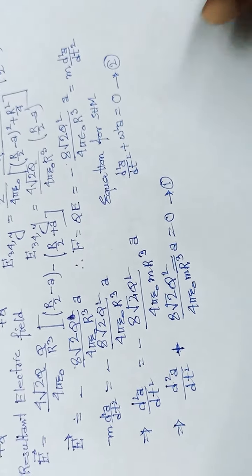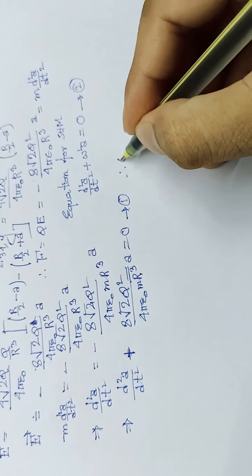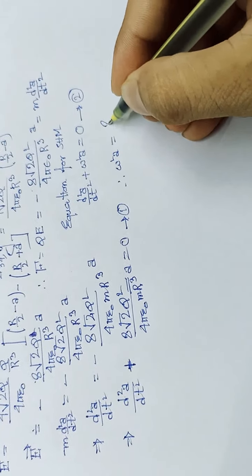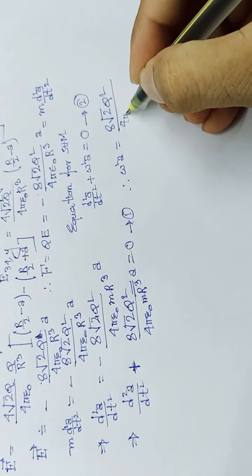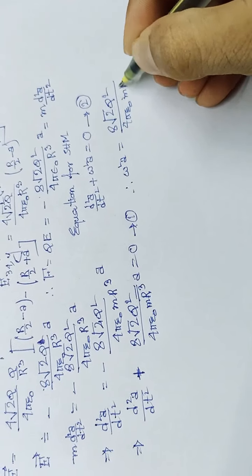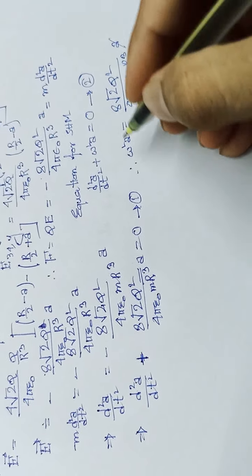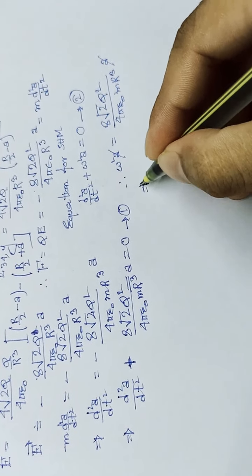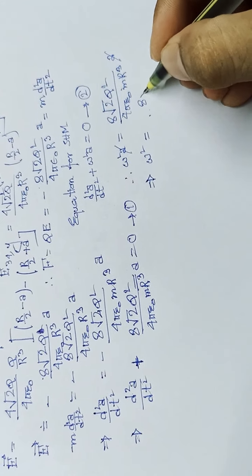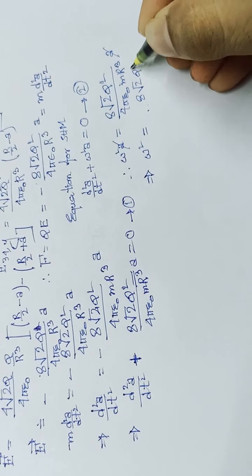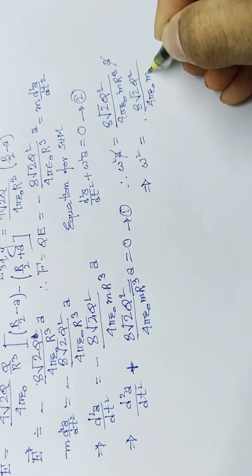If we compare these two equations, we will get omega square A equal to 8 root 2 Q square divided by 4 pi epsilon naught m R cube into A. We can cancel this A from both sides, therefore omega square will be equal to 8 root 2 Q square divided by 4 pi epsilon naught m R cube.